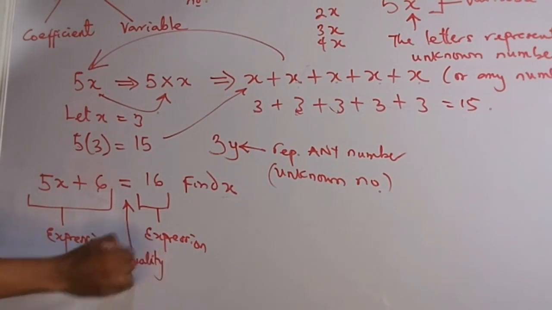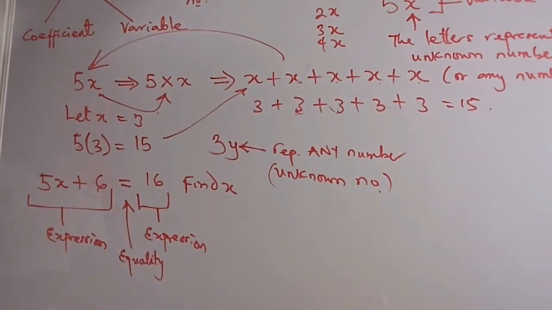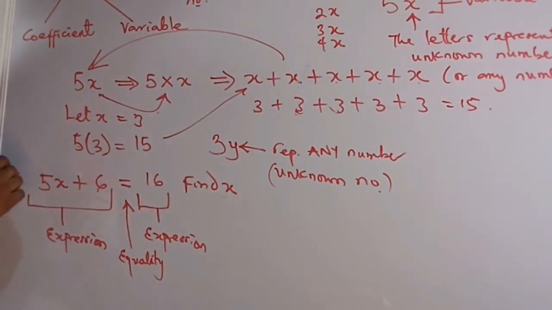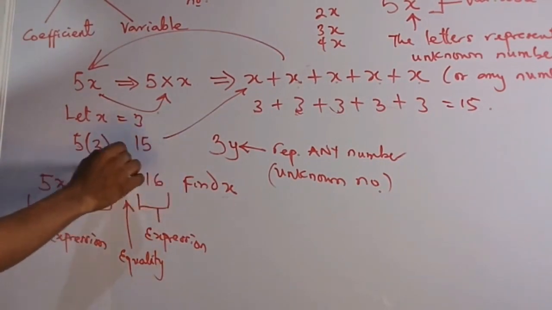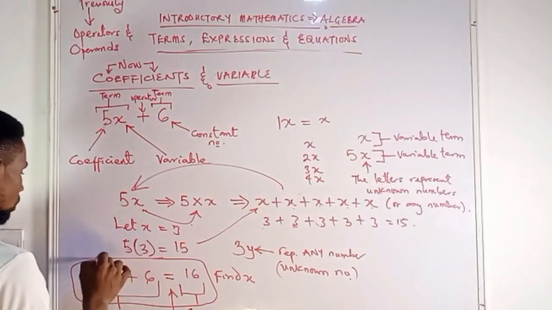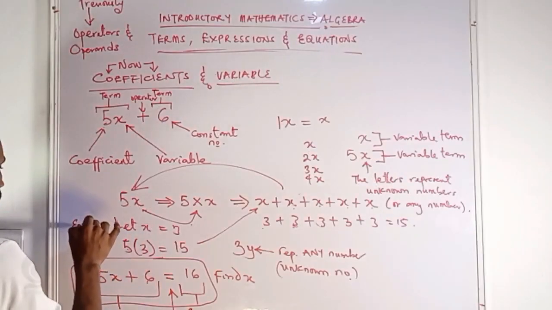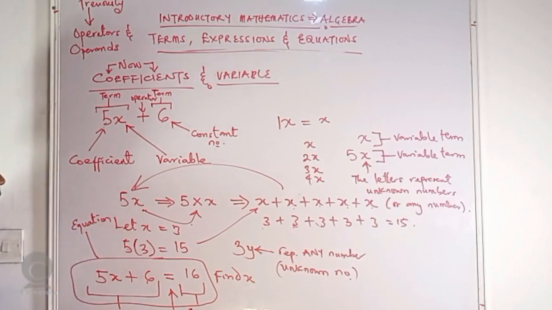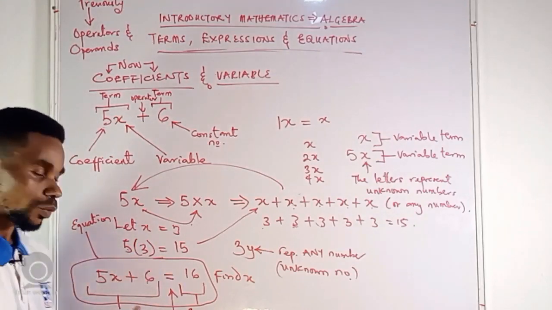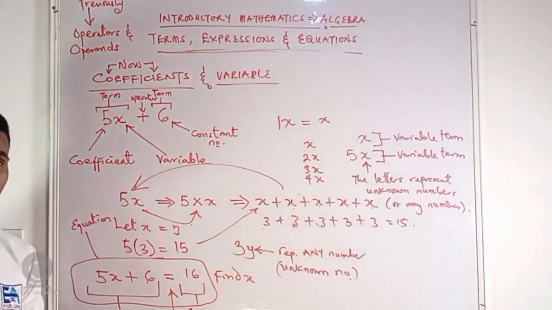And when two expressions are separated by an equality, we have what? An equation. So the whole of this is an equation. When there is no equality, it is called an expression. When it involves equality, it is called an equation.